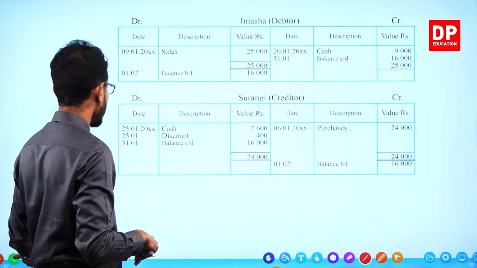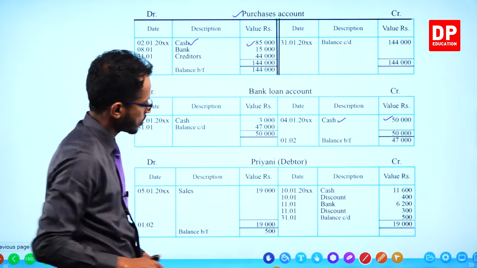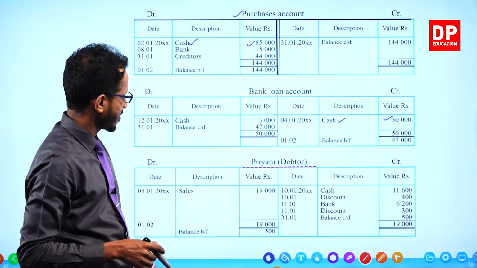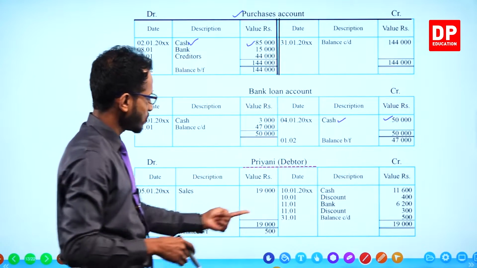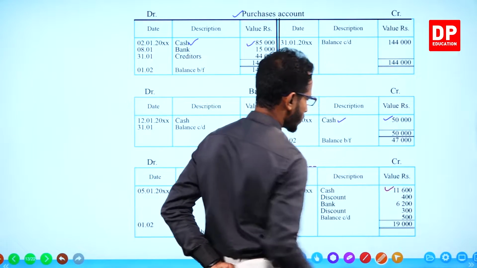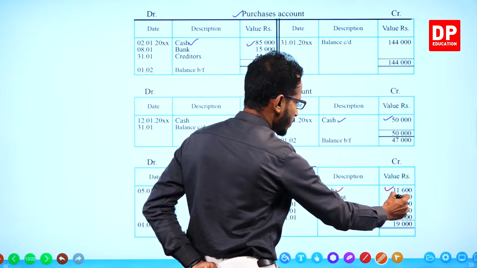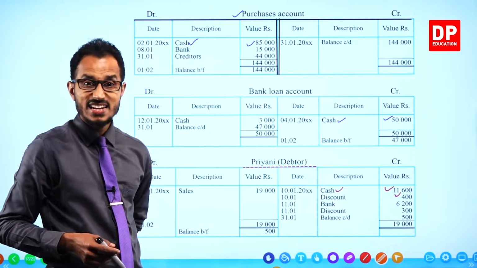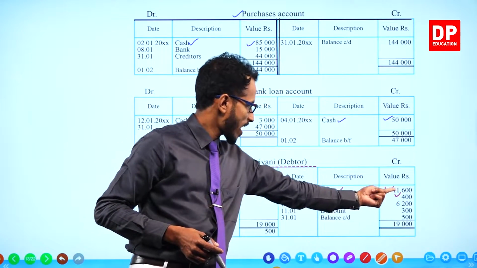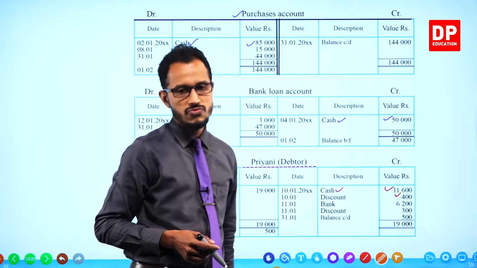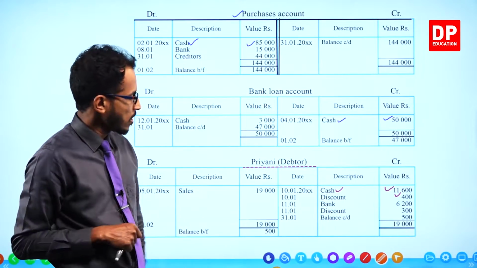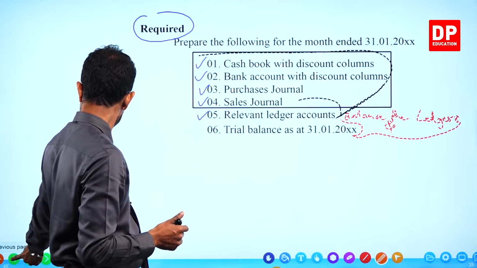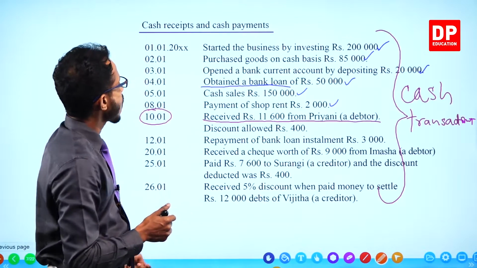Where is Priyani? Priyani is here. Yeah, Priyani is hiding. So Priyani's account should be credit. 11,600 cash and the discount 400 too must be recorded. Credited to Priyani. Cash 11,600, discount 400. Yup, that is done.